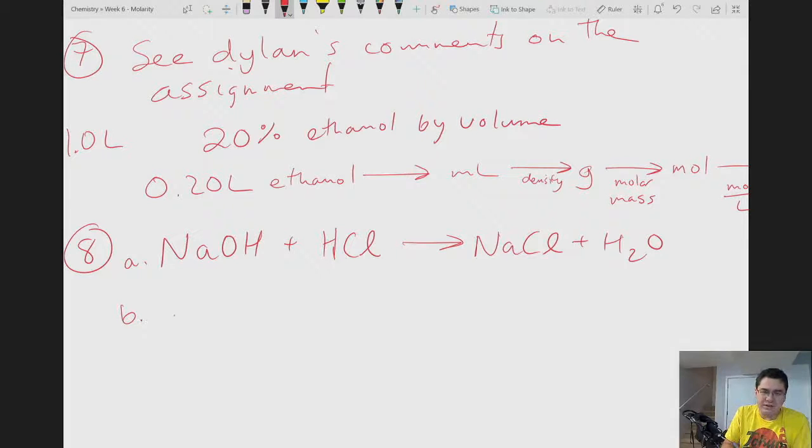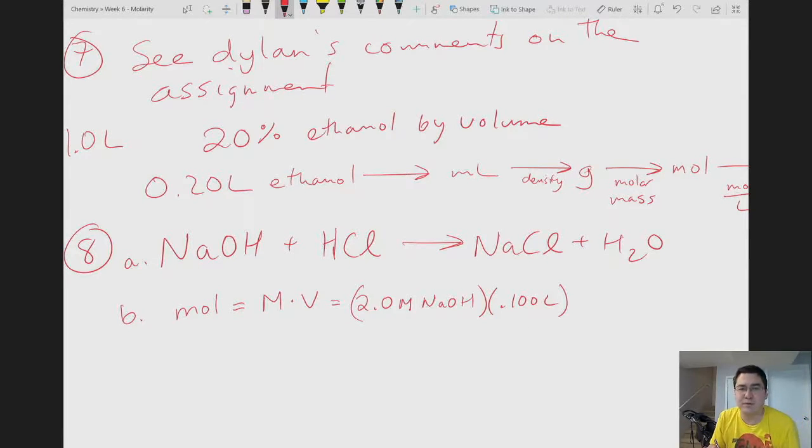Part B says calculate the number of moles of each. So if you rearrange the molarity equation, it turns out the number of moles is equal to the molarity times the volume. So for each one, it gives me a molarity, so 0.2 molar, and this was NaOH, times the volume, and it says we used 100 milliliters, so that's 0.1 liters.